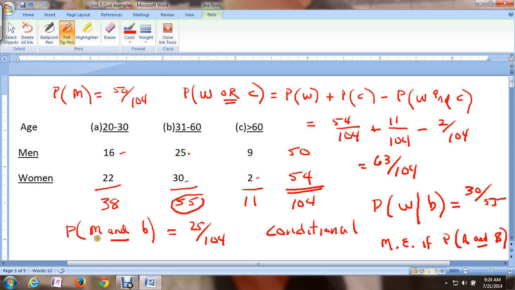So you see, the probability that we picked out a man and someone between the ages of 31 and 60, these are not mutually exclusive because they have a probability. Well, if, for example, we wanted to know what's the probability you picked out a man and a woman, well, with a single pick, it's impossible. Those two events, that probability is 0. So those two events are mutually exclusive.